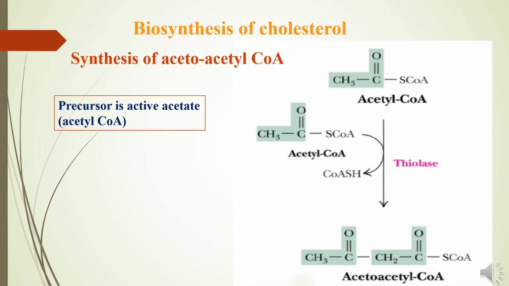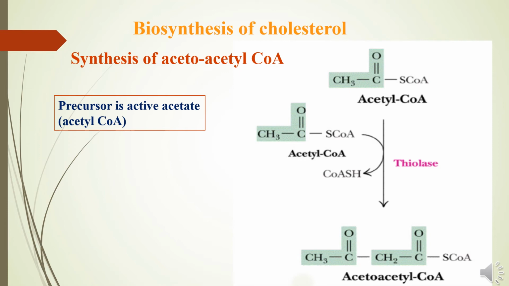The biosynthesis of cholesterol, or de novo synthesis of cholesterol, starts with the substrate acetyl coenzyme A, or the active acetate. Active acetate comes from the oxidative decarboxylation of pyruvate, which is a result of glucose oxidation or glycolysis process.